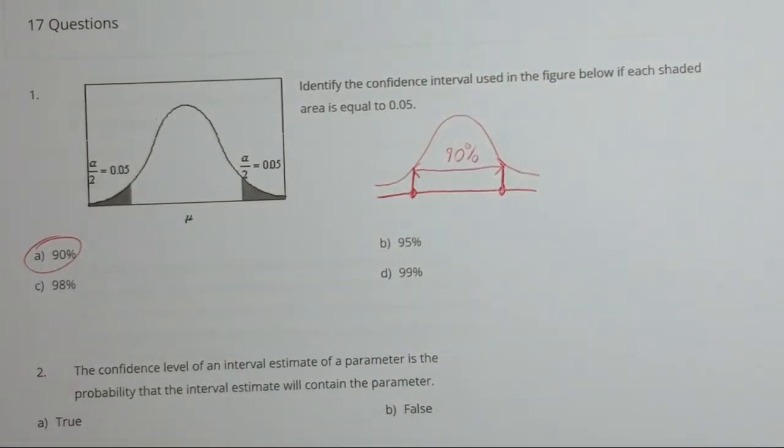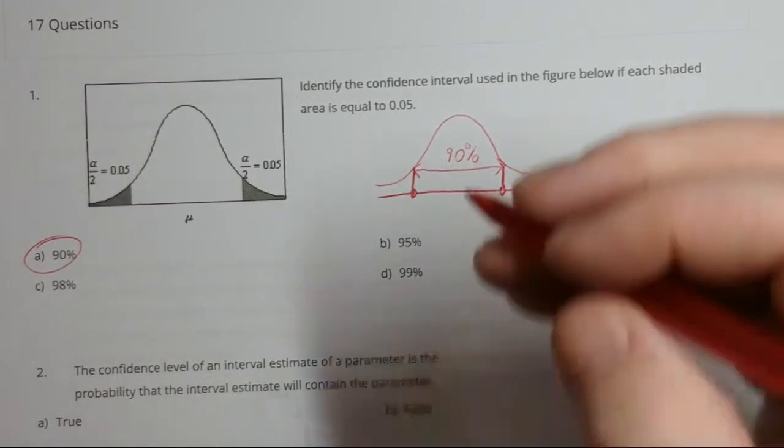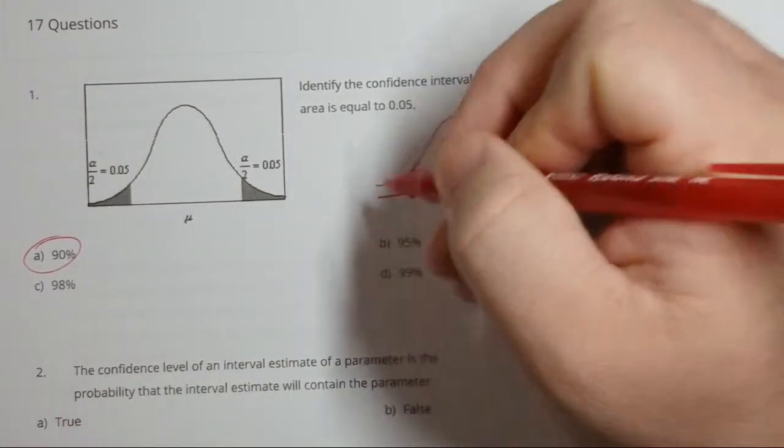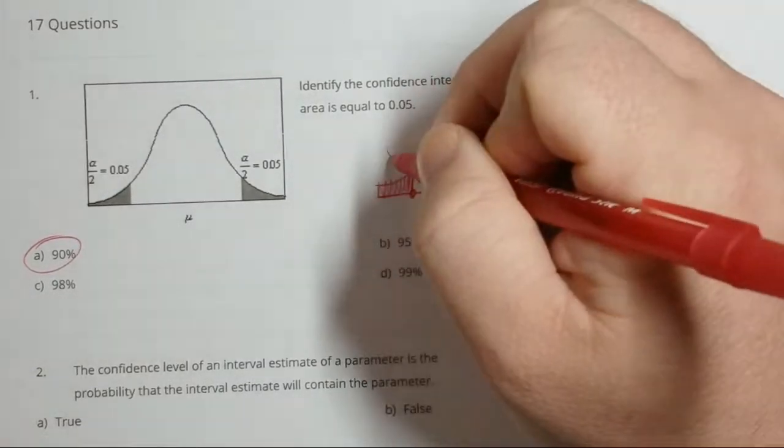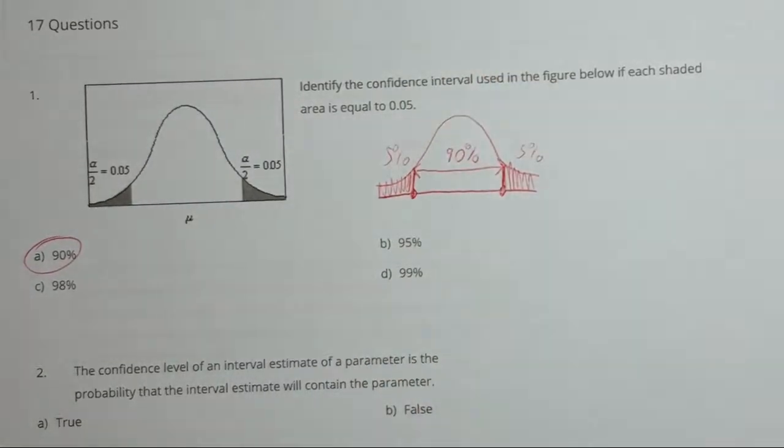You're hoping that you capture the middle 90%, but there is no guarantee. But if you did capture the middle 90%, that means that you did not capture the outside 10%. 5% here, 5% here. That's what this was referring to.